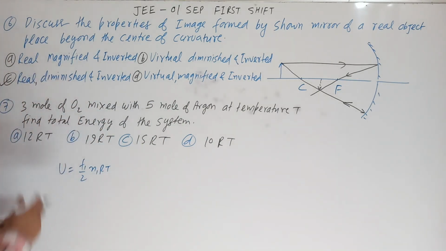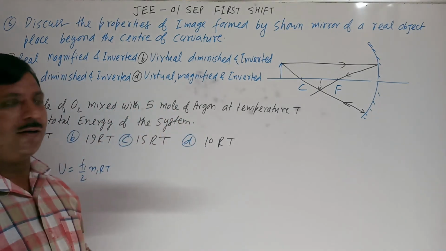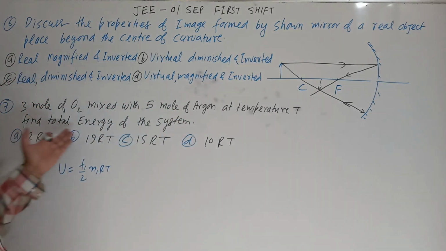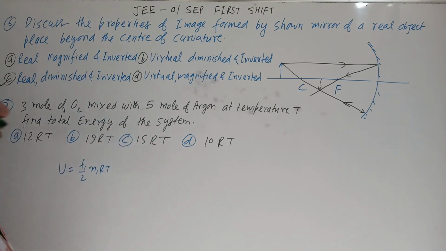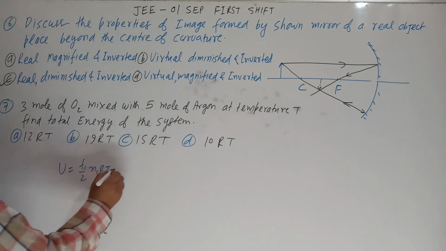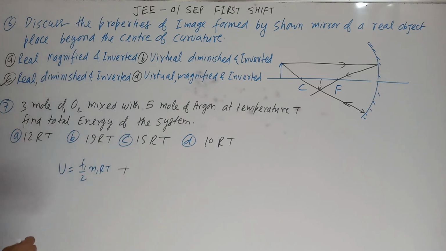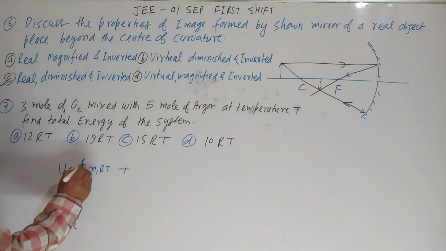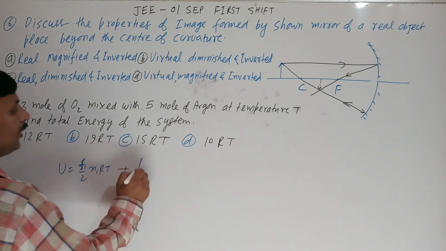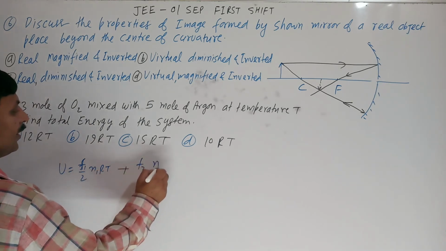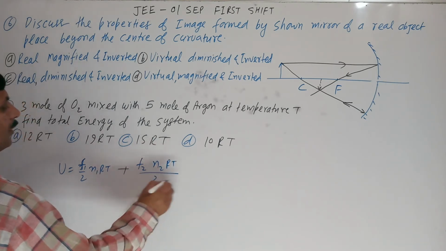3 mole of O2 is mixed with 5 mole of argon at temperature T. Find the total energy of the system. Actually, what we know is, when two gases are mixed and we want to find the total energy, we find it as F1 degrees of freedom, N1 RT upon 2, plus F2 degrees of freedom, N2 RT upon 2.